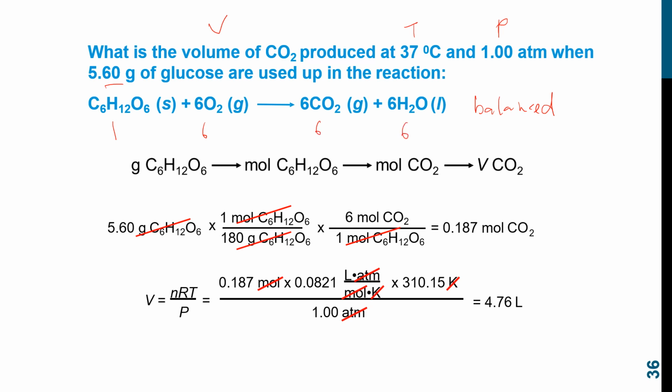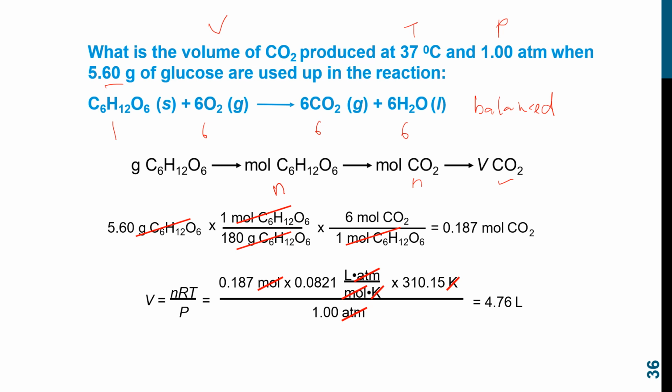Okay, so nak tentukan mass or volume of carbon dioxide, kita gunakan step yang kita dah discuss sebelum ni. Daripada mass of reactant, you have to calculate the mole of reactant. From mole of reactant, kita convert to mole of product, and from mole of product we can calculate the volume of product.